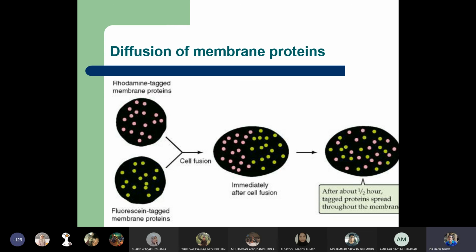Initially, they used a lymphocyte. They started with a colored dye on the surface of the membrane, and then they forced the cells to fuse together, and they looked at the color after half an hour.